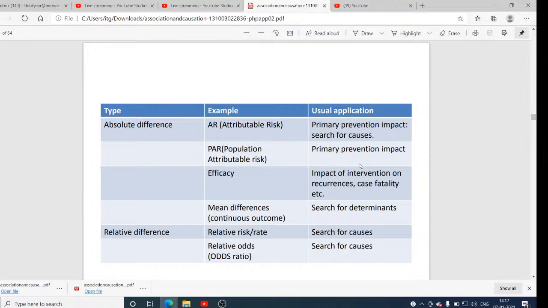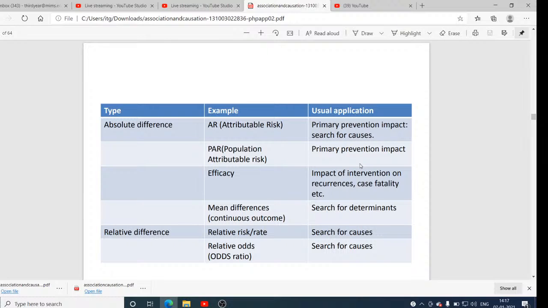Efficacy is the impact of intervention on recurrence, case fatality, etc. And the mean difference, which is for an outcome of continuous variable, is for search of determinants.